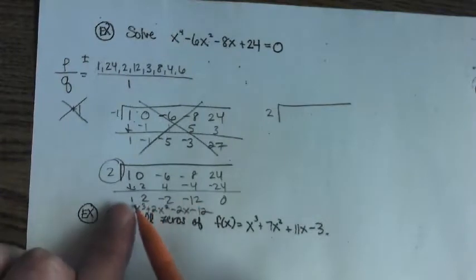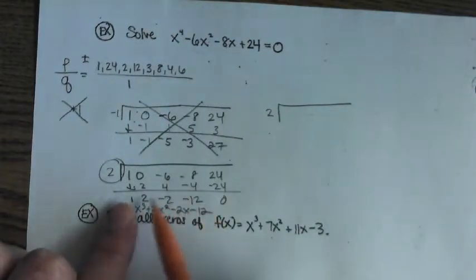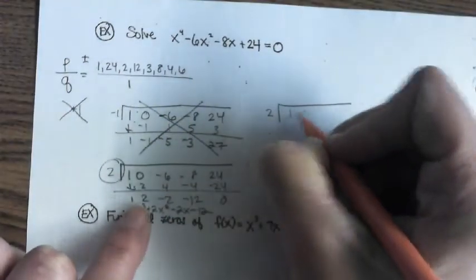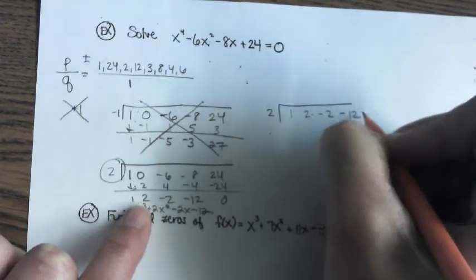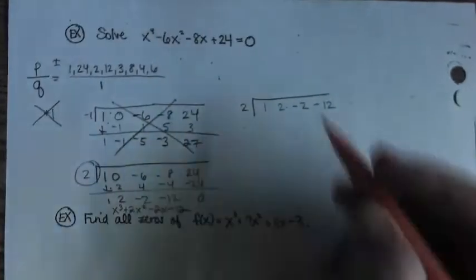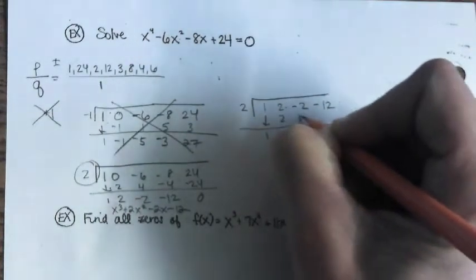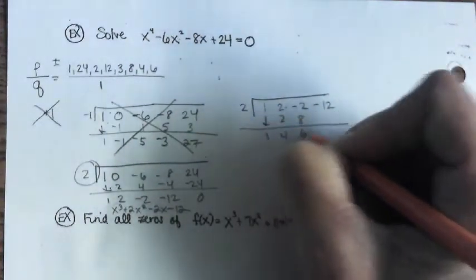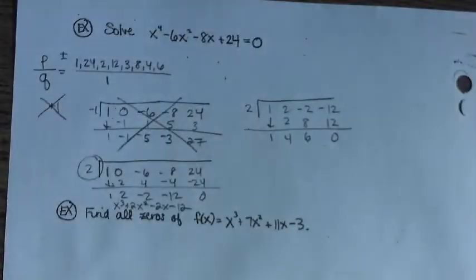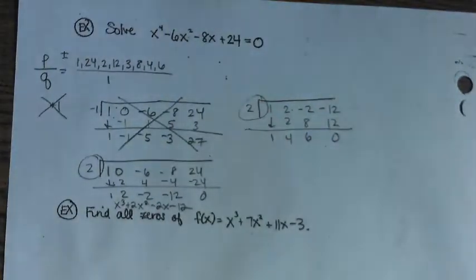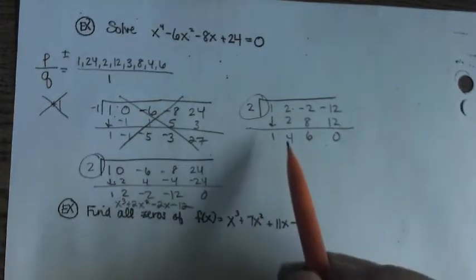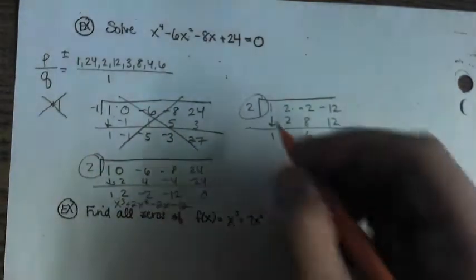Now I'm going to use these new cubic coefficients: 1, 2, negative 2, and negative 12, because it just shrinks my problem by one step. Guess what? It was a double root. So 2 worked twice. And now my cubic polynomial gets knocked down to a quadratic.